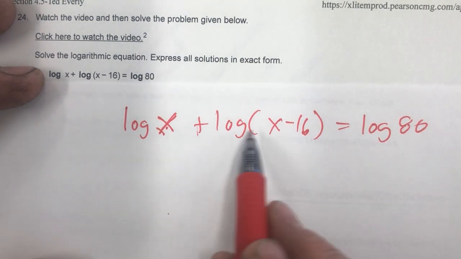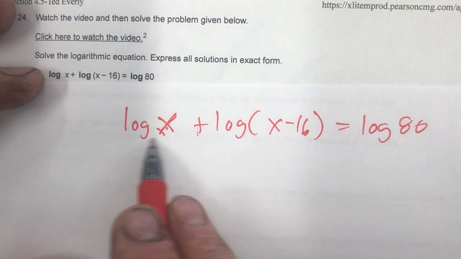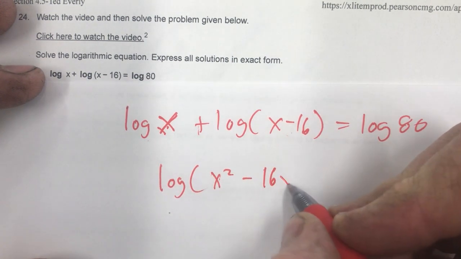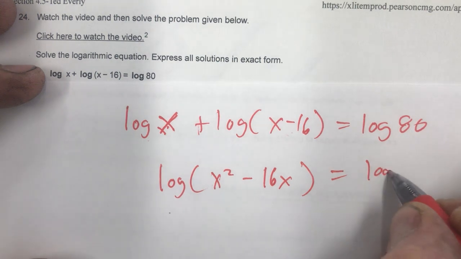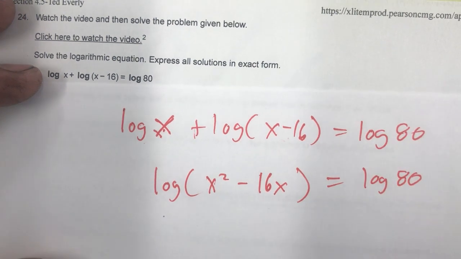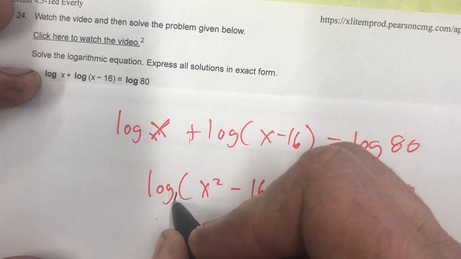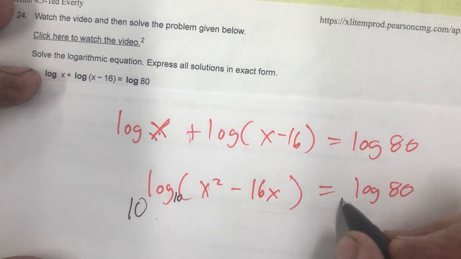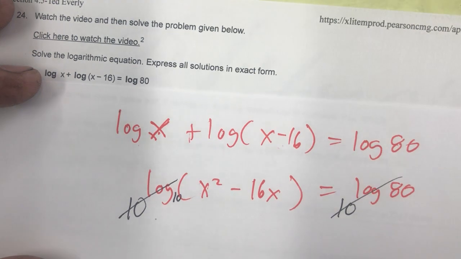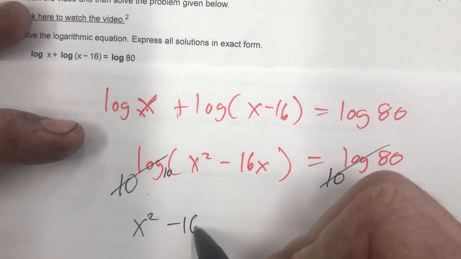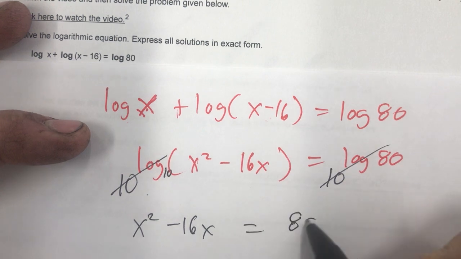These two go together, and I would multiply my arguments, which gives me x squared minus 16x. Now, since it's log with no base, it's base 10, so 10 to this power equals 10 to that power, and these cancel off. So I'm going to have x squared minus 16x equals 80.